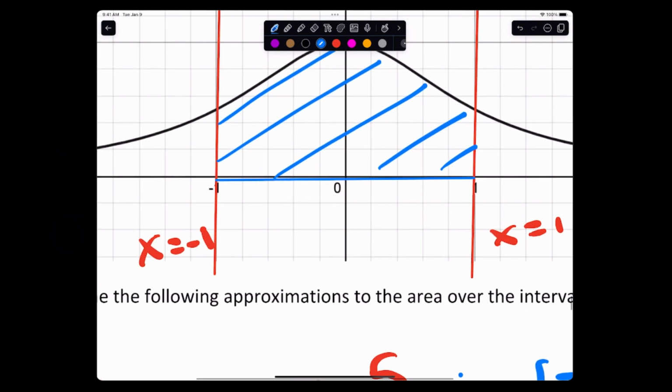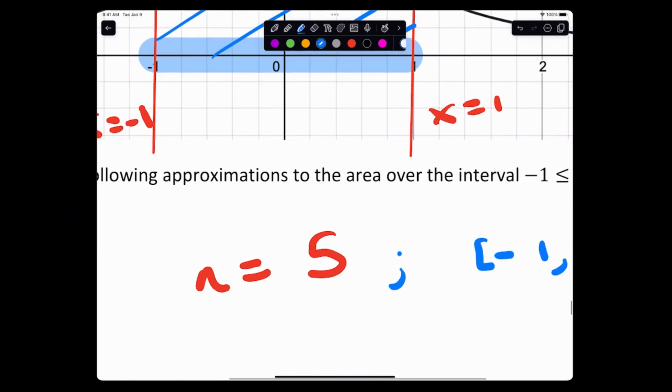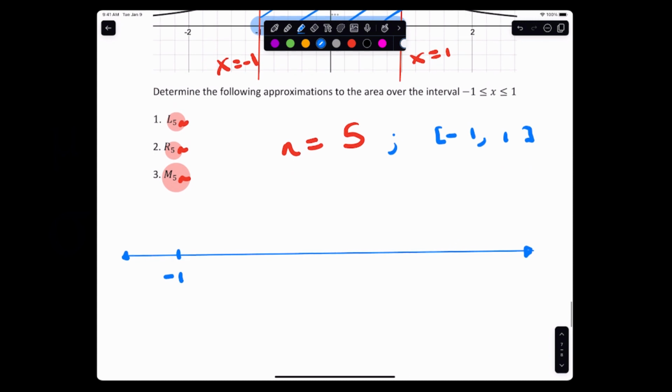You're really focusing on this portion right here, from -1 to 1, the interval, but you want to have 5 partitions. So you might say, what does that look like? Well, let's draw some lines. 1, 2, 3, 4, 5. You okay with that? Here's 1.